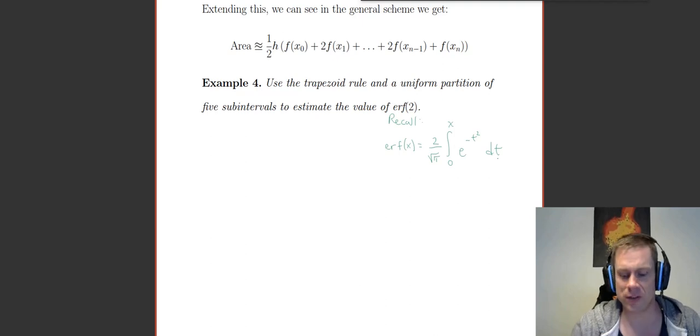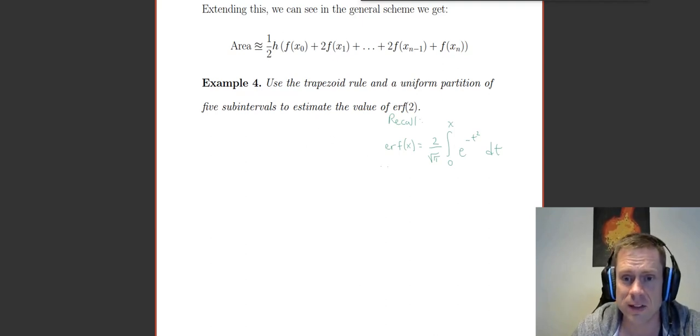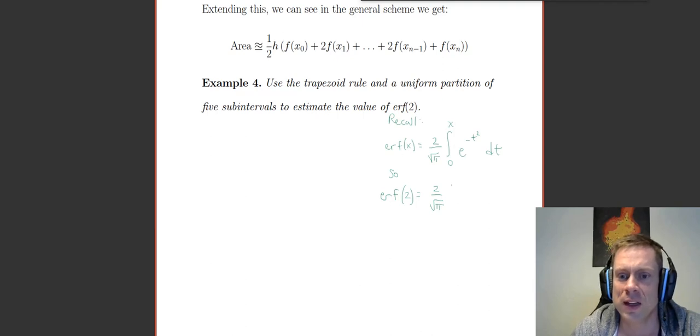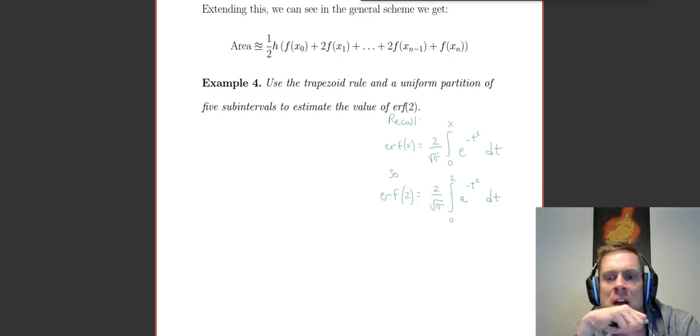So if I want to know what ERF of 2 is, everything's exactly the same, but it's a function of x. X equals 2 goes in here. It's going to be the value of the integral between 0 and 2 of e to the minus t squared dt, and then multiplied by that scaling factor. That's what we're going to want to estimate the value of.